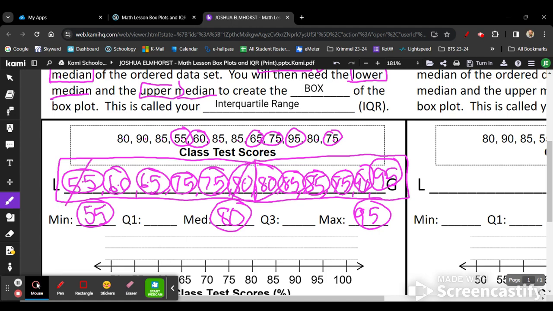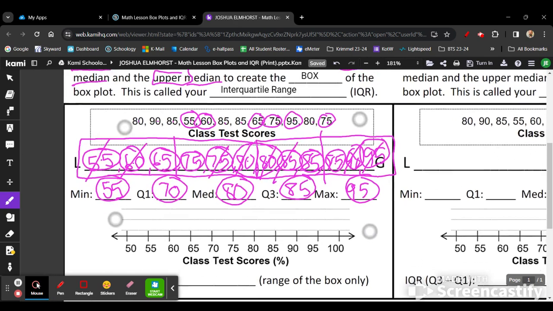Left, right, left, right, middle. So there's 6 numbers on the left. What is the split between 65 and 75? 70. And we go to the right side, left, right, middle. And 85 and 85 is going to be your median.